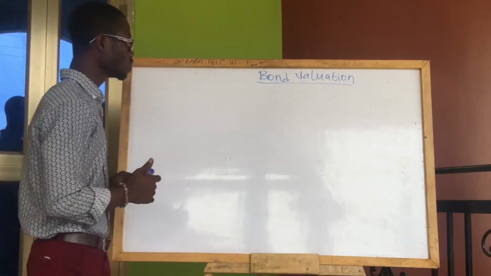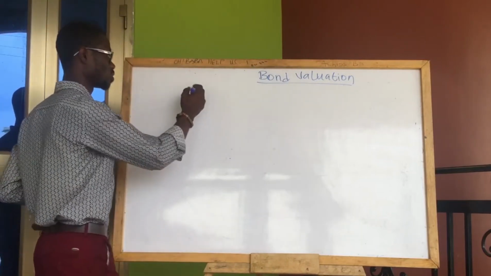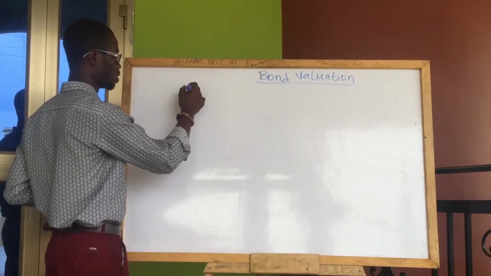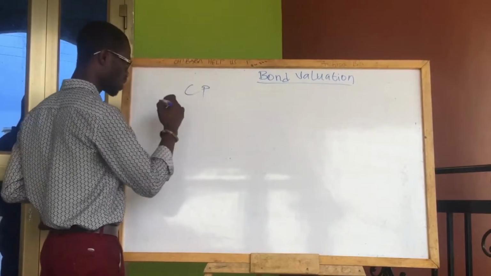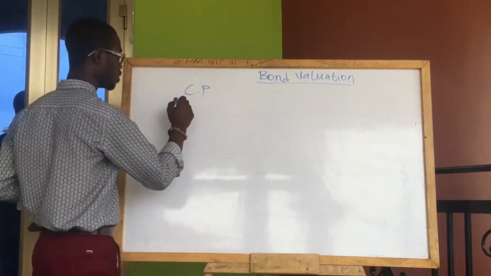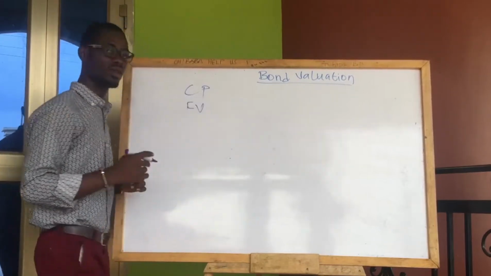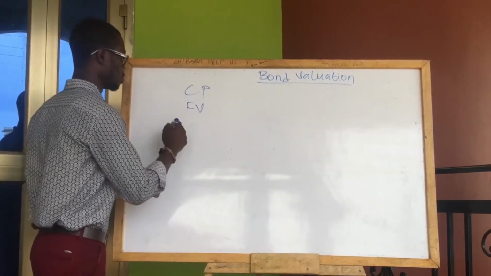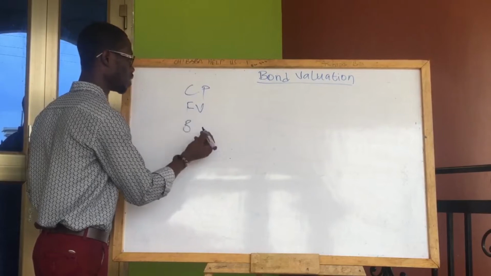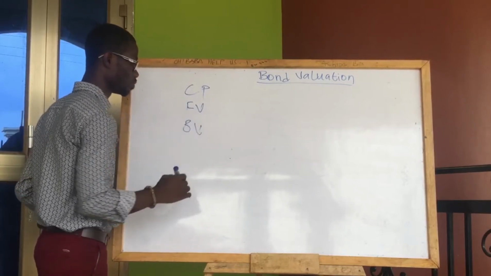Now, I talk about coupon payment, CP. I talk about face value or par value, FV. Then here we're talking about the bond price. Let me say bond value, BV.